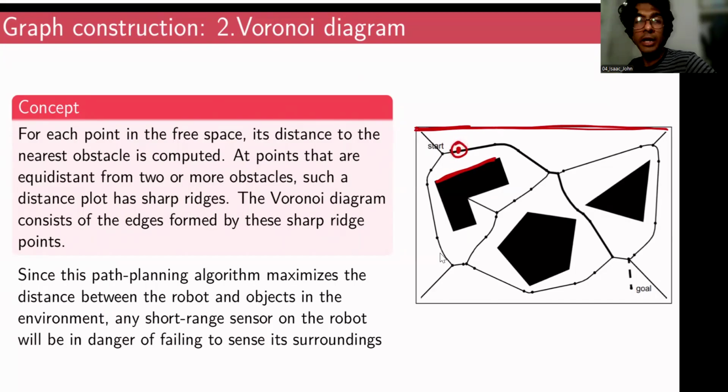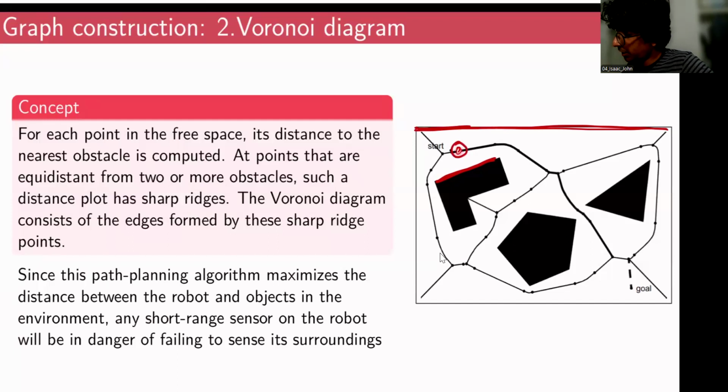So the Voronoi method basically forces the robot to be as far as possible from all the obstacles, right? So it basically forces the robot to be right at the middle between the two obstacle spaces, like so.